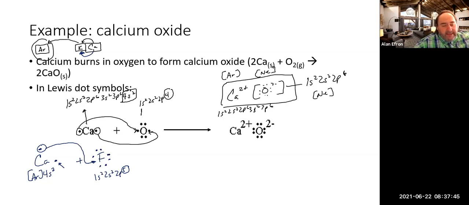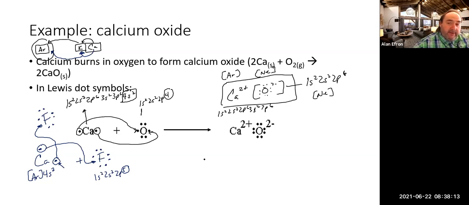So what is needed in this case is actually not one fluorine, but we need one more fluorine. And we need one more fluorine because that will allow calcium a place to offload its second electron and allow it to jump to argon's configuration in this particular case.